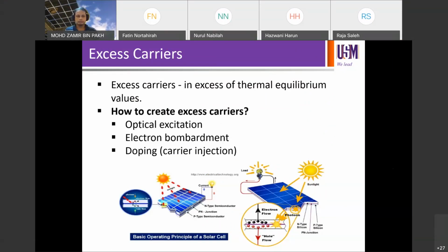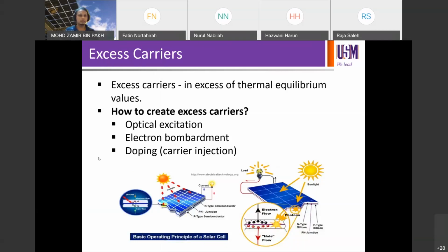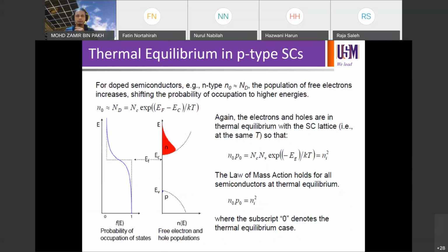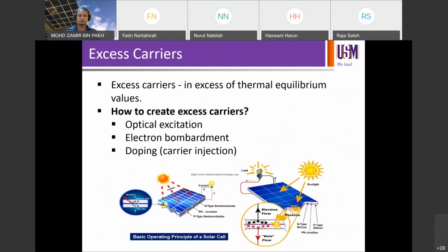All right. In the last class, we discussed the generation process. Before that, we covered thermal equilibrium in intrinsic semiconductor, in N-type semiconductor, and in P-type semiconductor as well.